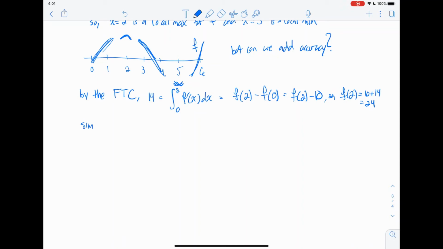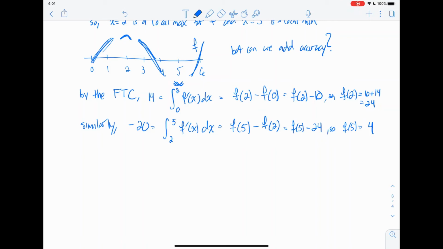We'll say that similarly, negative 20 is equal to the integral from 2 to 5 of the derivative, which we know by the fundamental theorem of calculus is equal to the antiderivative at the upper bound 5 minus the antiderivative at the lower bound 2, which fortunately, by the previous line, we literally determined what f was at 2. So this is just going to be f of 5 minus 24, which if I move that 24 over to the right, I will end up with f of 5 being equal to just a 4.